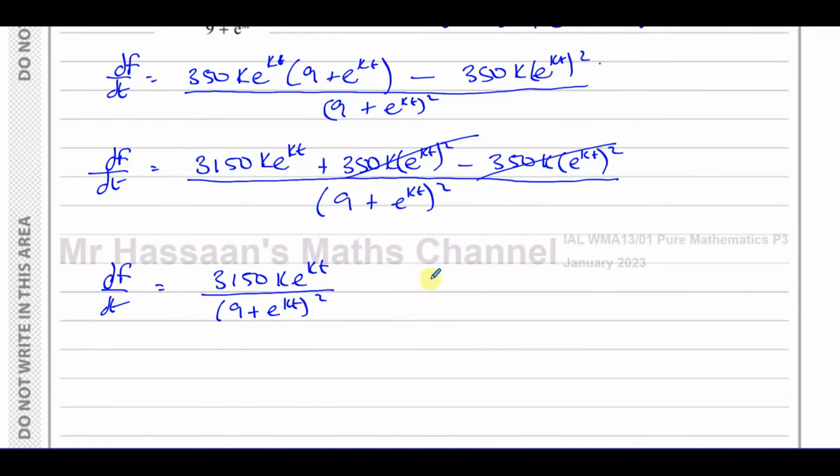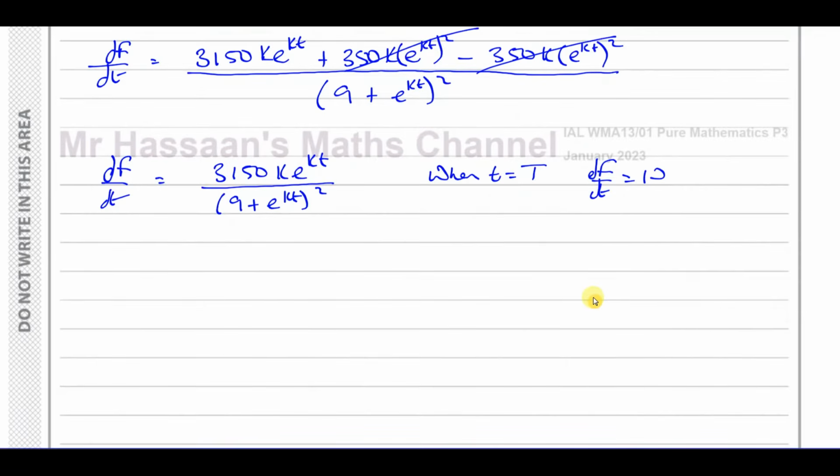And we know that when t equals capital T, df/dt is equal to 10. So I can now replace the t with capital T and the df/dt with 10. So I've got 10 equals 3150 k e to the power of kt over 9 plus e to the power of kt all squared.